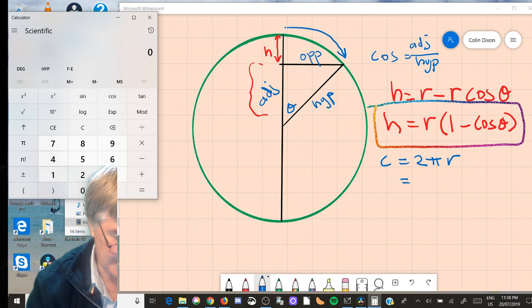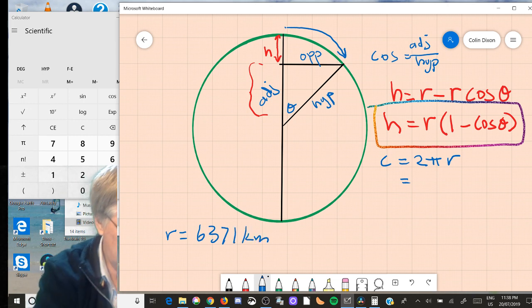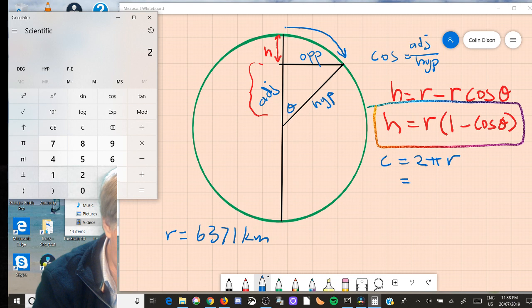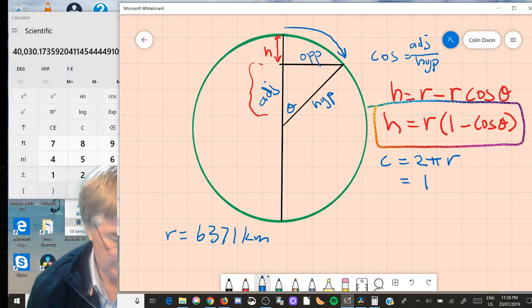So we know the radius of the Earth is equal to 6371 kilometres. So 2 times pi times 6371 equals 40,030 kilometres.